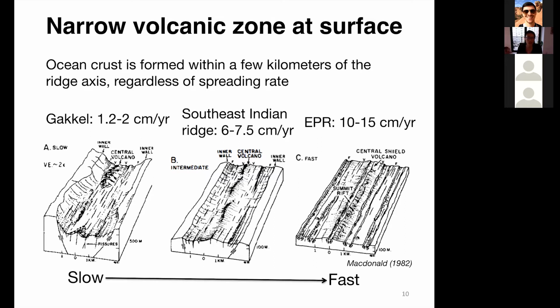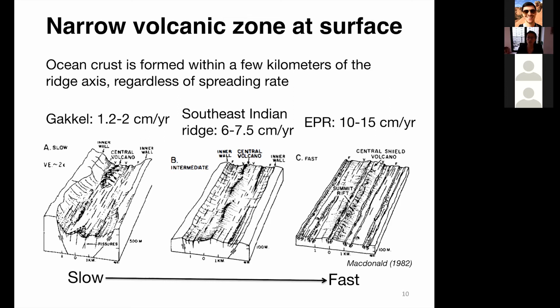You can see this on Google Maps or Google Earth: at a slow spreading ridge such as the Gakkel, lava erupts into an axial low valley, and at a fast spreading ridge, lava erupts at an axial high, shown on the right here. So the spreading rate determines the structure of mid-ocean ridges, but you have a narrow volcanic zone at the ocean bottom regardless of the spreading rate.